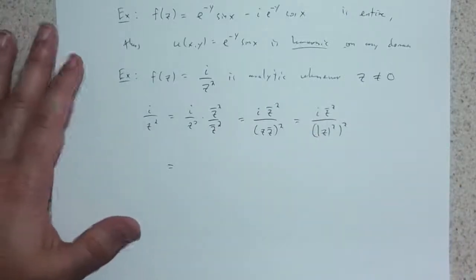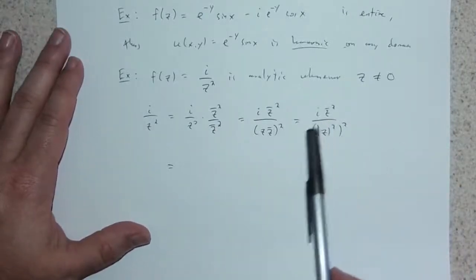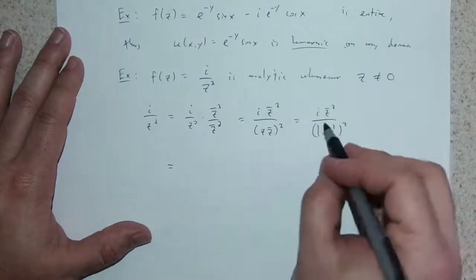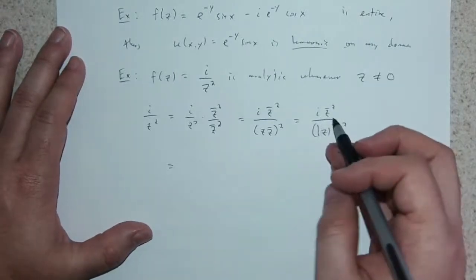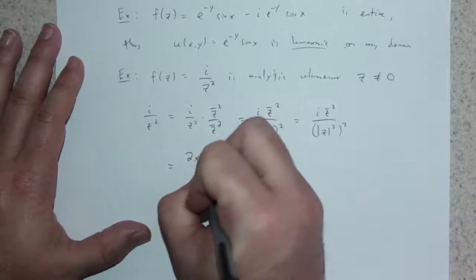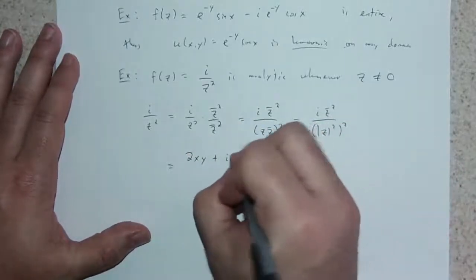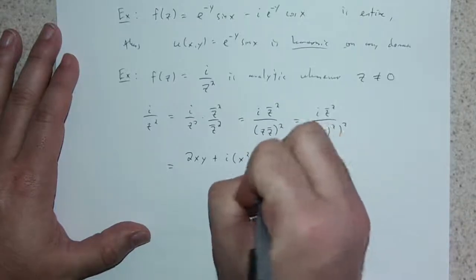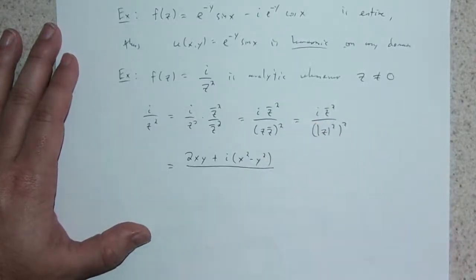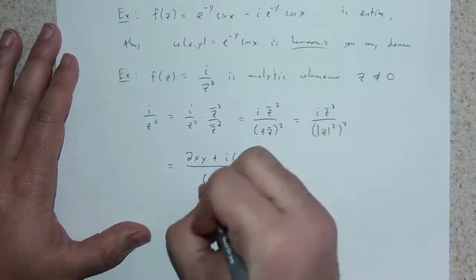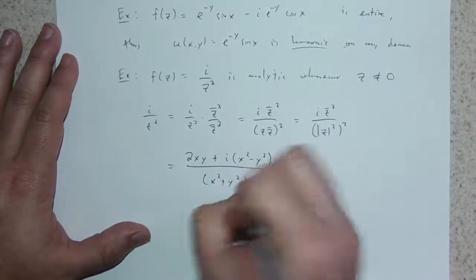This would be 2xy, the real part of the numerator, plus i times x squared minus y squared. So we just swap the order of these things, divided by x squared plus y squared, squared.